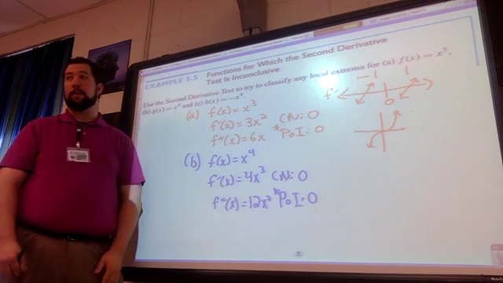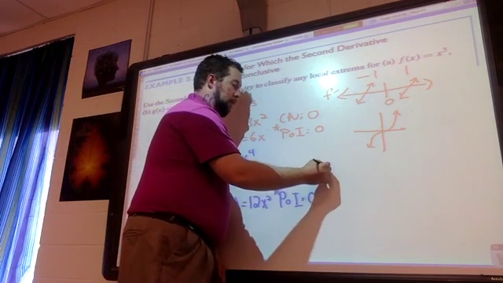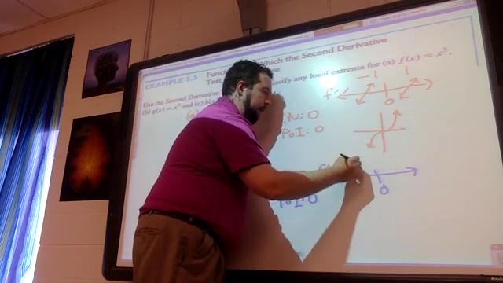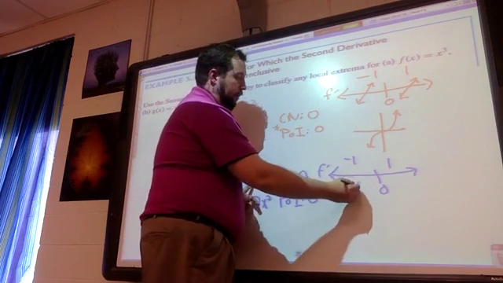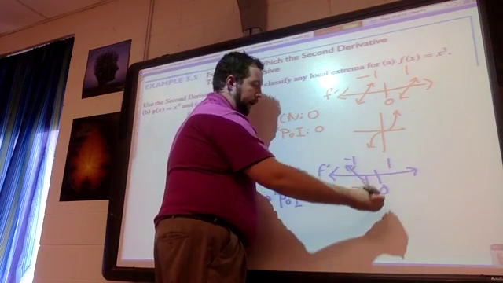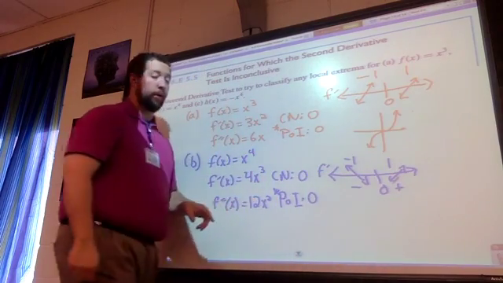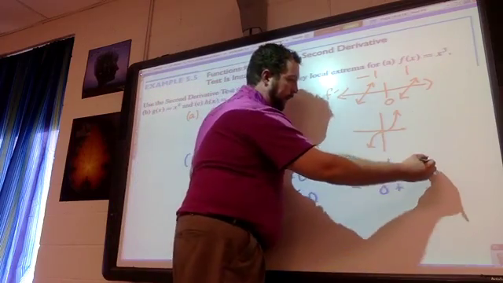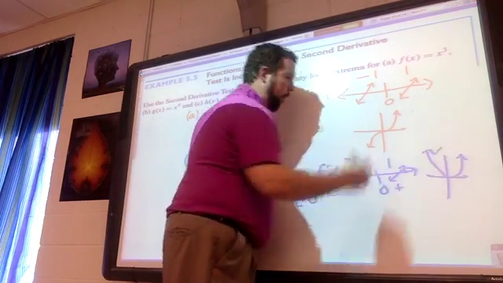So this doesn't tell us anything. So we have to go back and do the first derivative test again, figure it out. Plug a negative 1 into the first derivative on this one. We'll get a negative to the left, so down, and a positive to the right, so it's going up. And so we actually have a local minimum there. Okay? If you think about that graph, that looks like this, which we've already drawn.